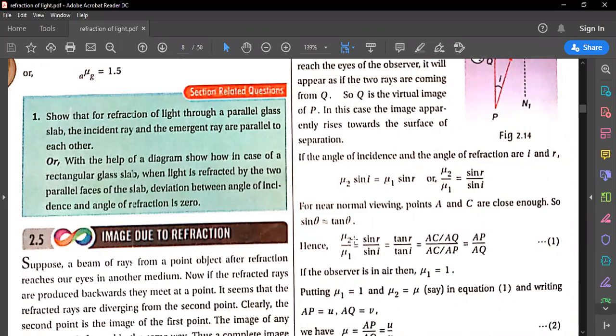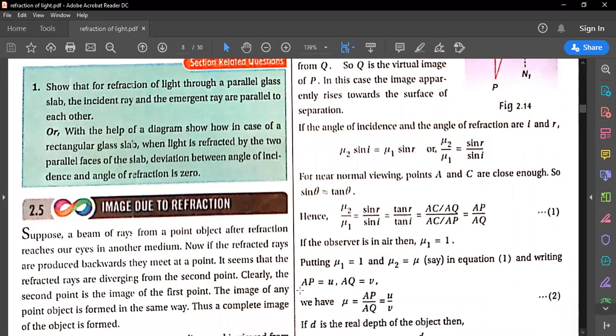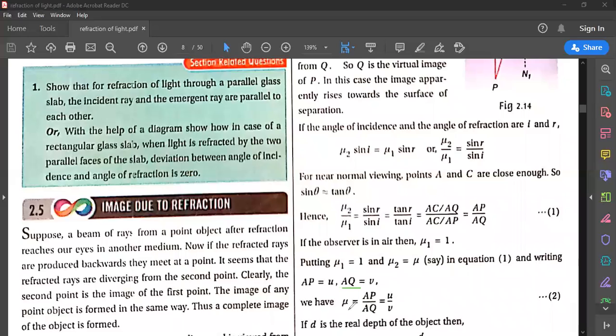If the observer was in air, then mu1 is 1, and mu2 we say is mu. AP, the object distance, they have taken as U, and AQ, the image distance, they have taken as V. So we can write mu is equal to AP by AQ equals U by V, that is, real depth by apparent depth.